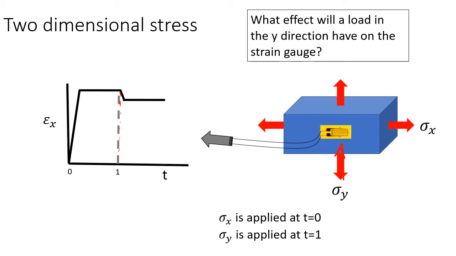So therefore it will decrease the strain in the x direction due to that. So this illustrates that we have to be really careful when we think about measuring the stresses and strains on components, because the effects of putting a stress on in different directions, or 2 or 3 stresses on a component, can greatly affect the measurements that we take.